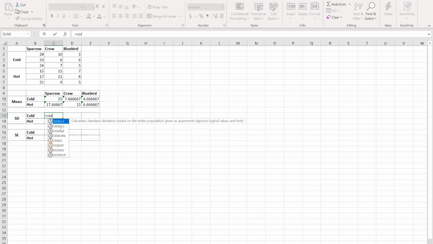We next need to calculate the standard deviation, which we calculate with the STDEV.S. In this case, we're going to use .S because this is a sample. It's not the entire population of sparrows, crows, and bluebirds. We're just looking at a sample of them.